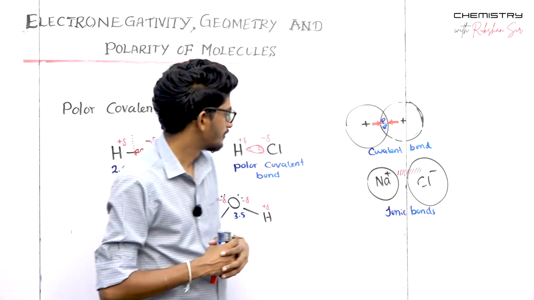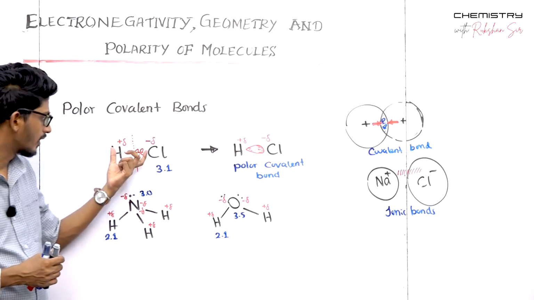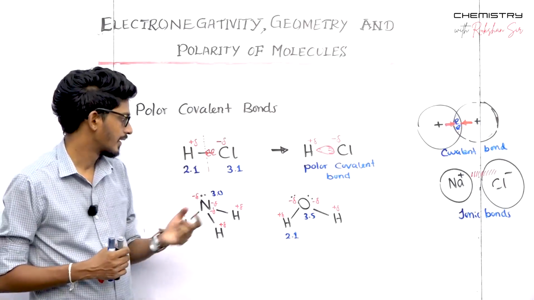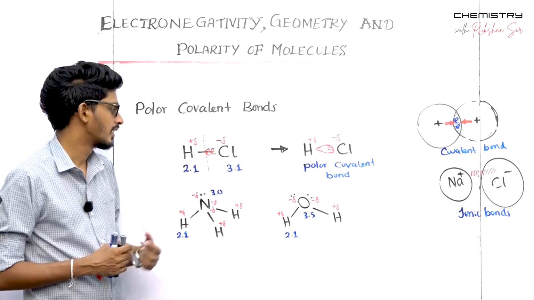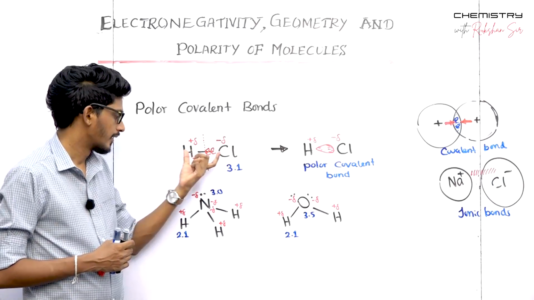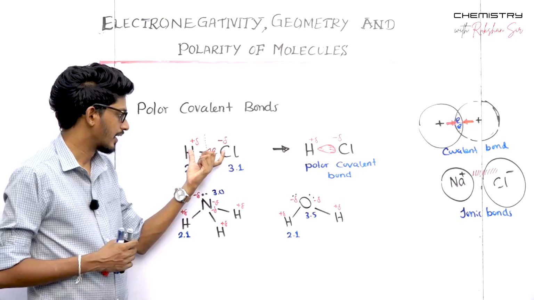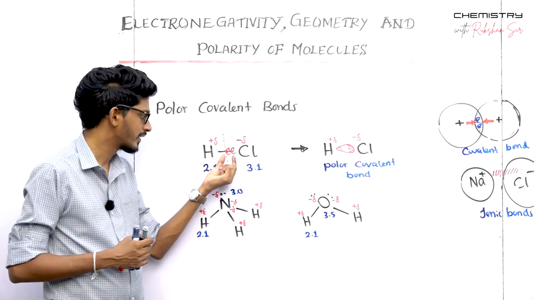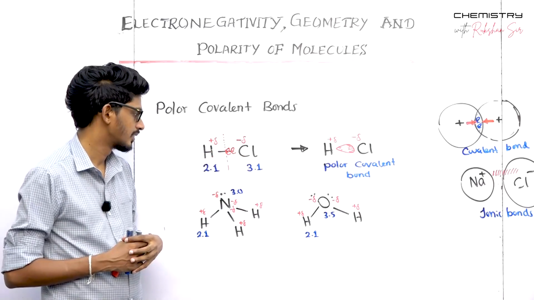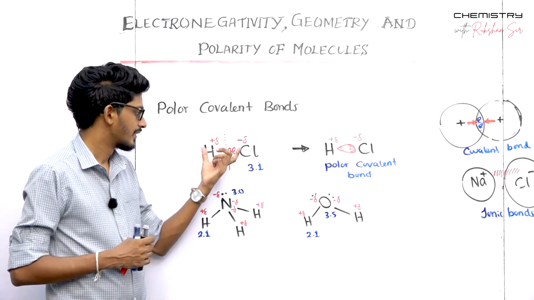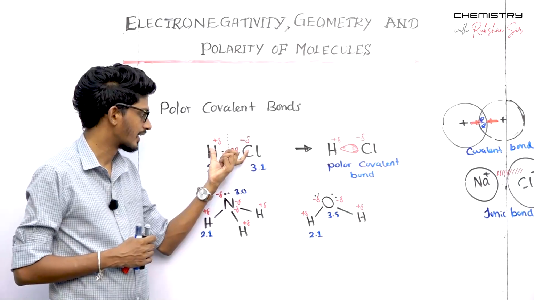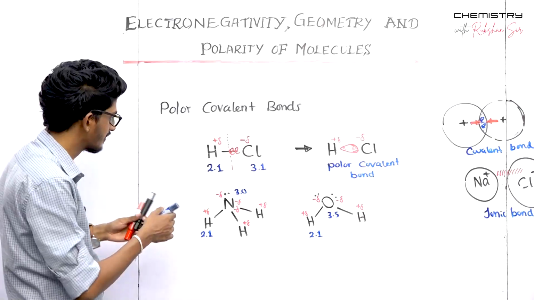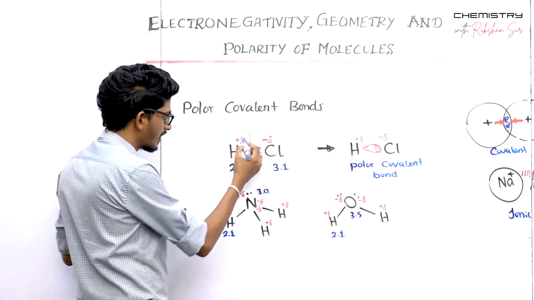So when it comes to a polar covalent bond, you clearly see the two masses, the hydrogen and chlorine, are connected by a shared pair of electrons. So that is the covalent character of this polar covalent bond. And not only that, these two atoms, the hydrogen and chlorine, are now attracted by the opposite charges as well. Due to these opposite charges, these guys will attract each other.